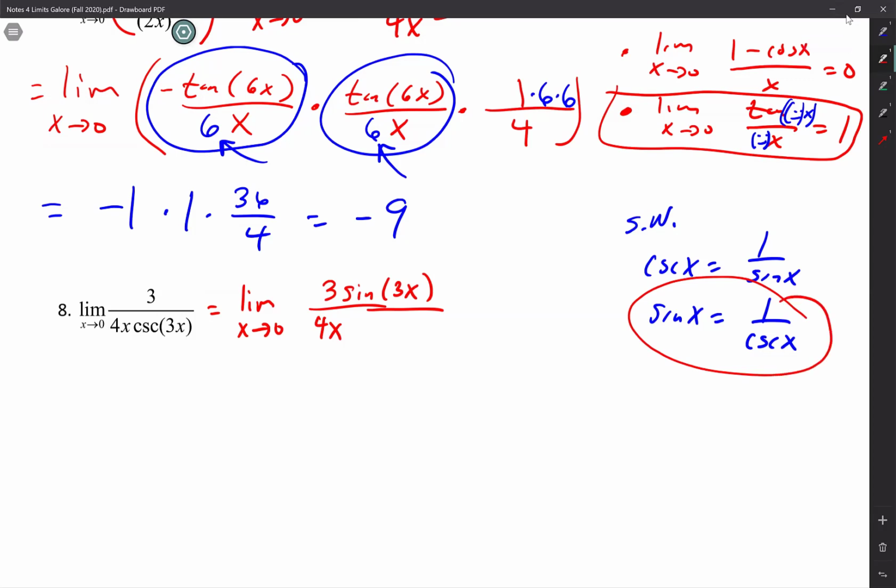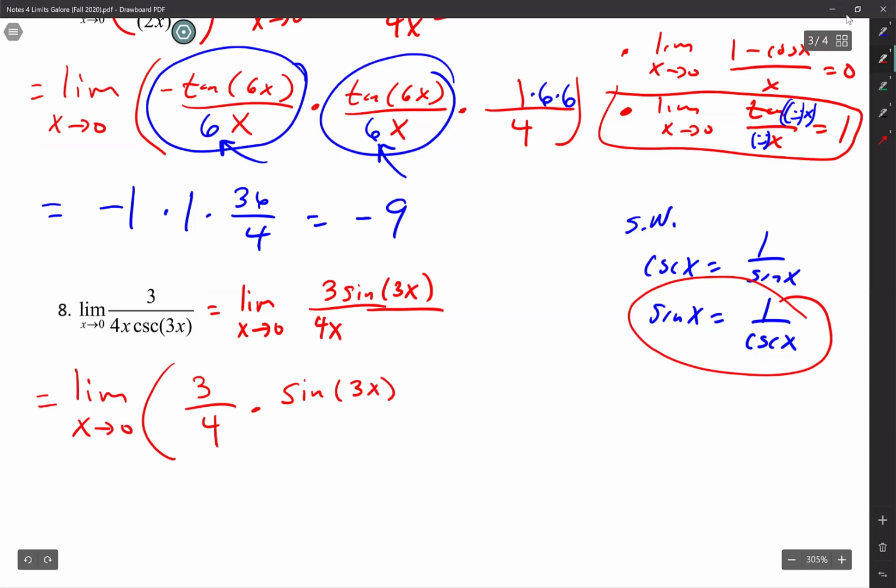Okay, now let's expand it. So I'm going to write limit as x approaches 0. And I'm going to put a parenthesis. I'm going to put 3/4 by itself times sine 3x over x times... Oh no, I have that 3/4 that I can use to balance. Okay. So I need some number right there next to that x.